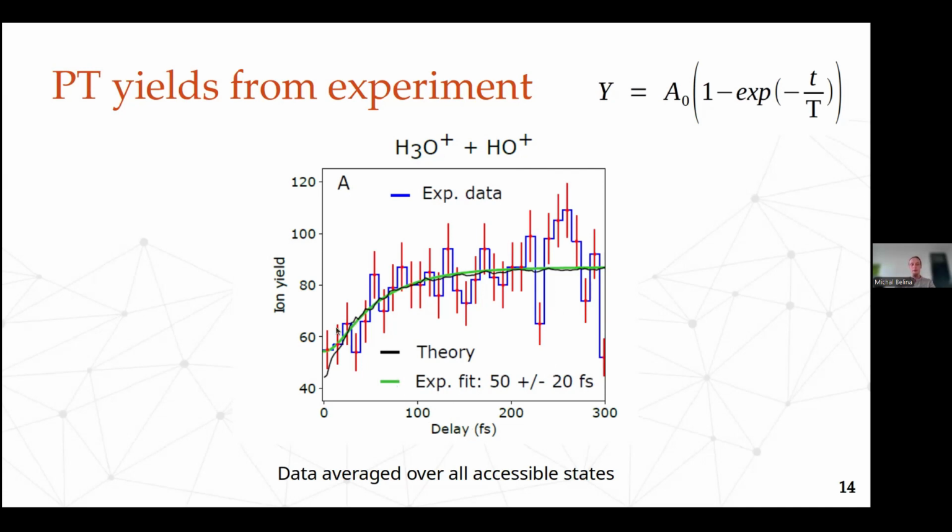The green curve shows the experimental fit to this function, and we find that the measured proton transfer time is within the error bars of the previous study from 2020.